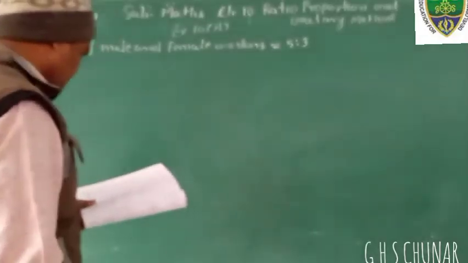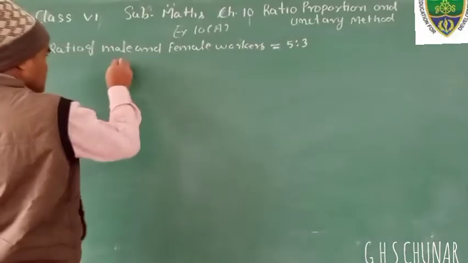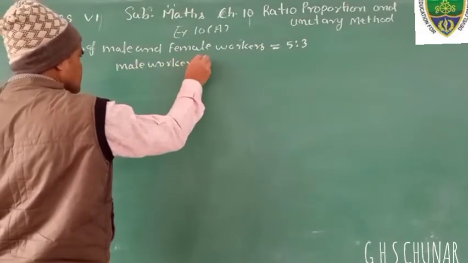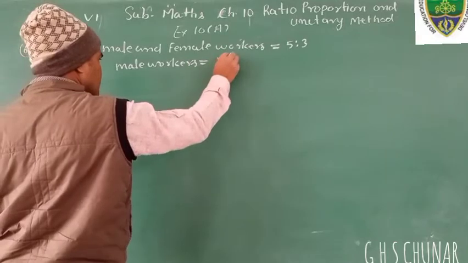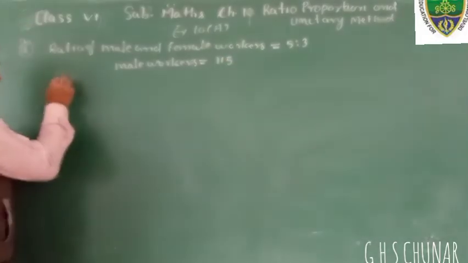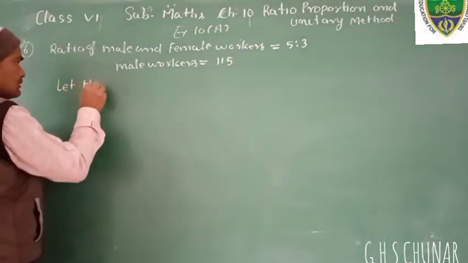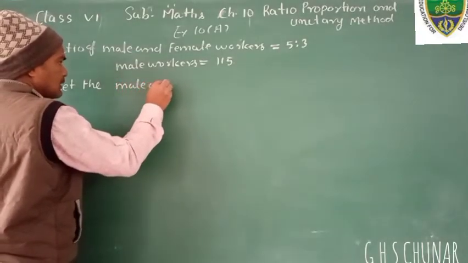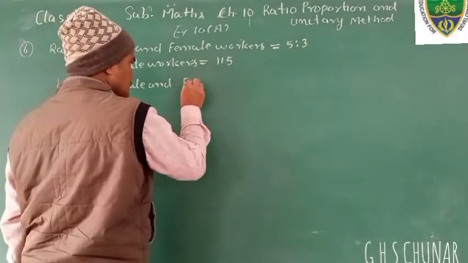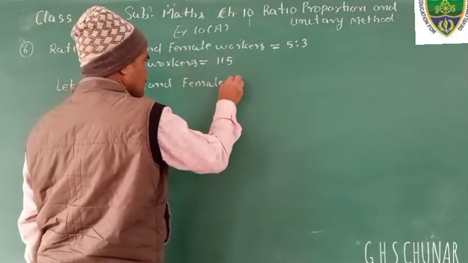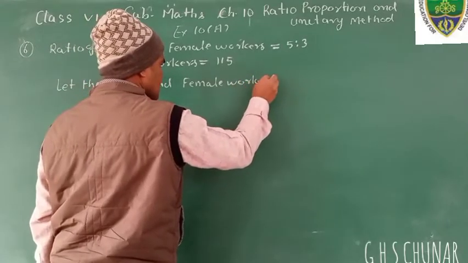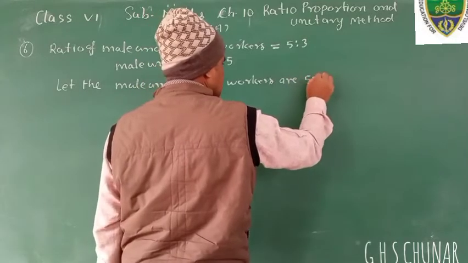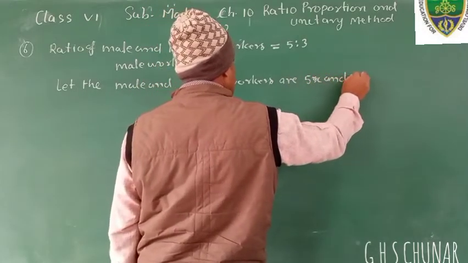There are 150 male workers. Let the male and female workers be 5x and 3x.